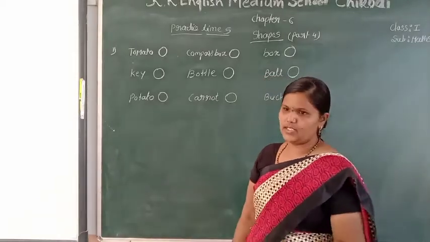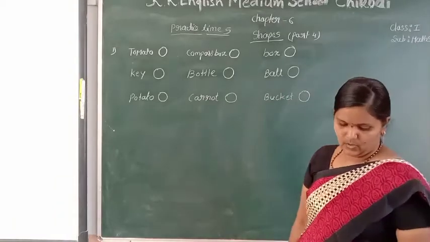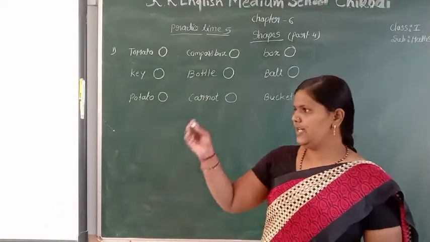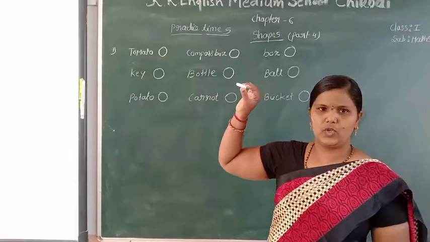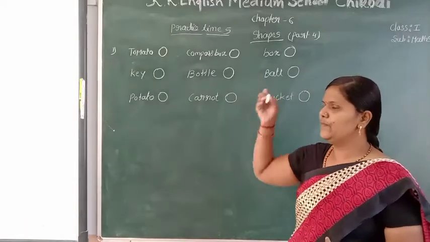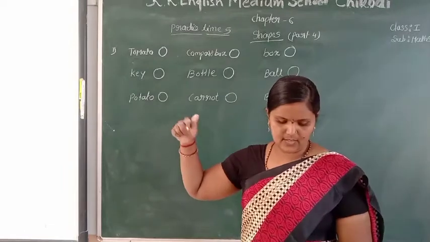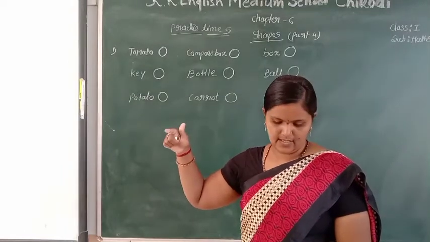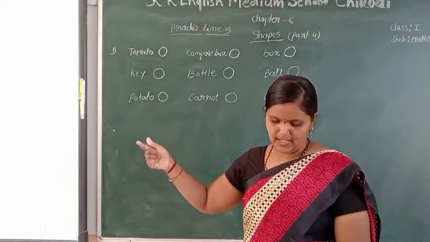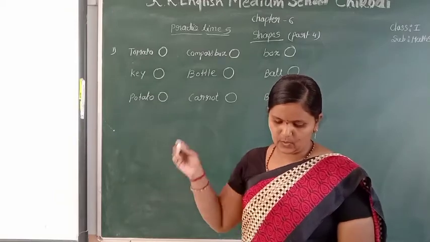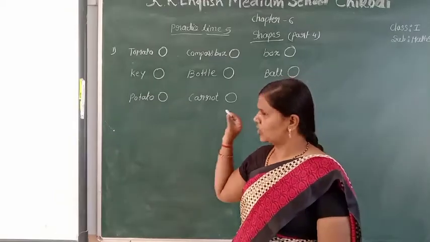Before this, what is rolling and what is sliding? See here, this is a chalk piece. If you push this chalk piece, it rolls, going from one place to another place. That object which can roll, you call a rolling object.